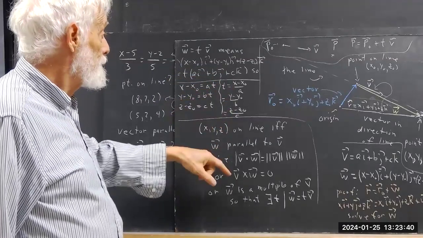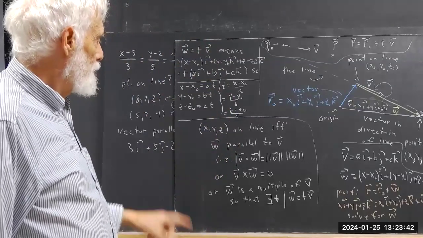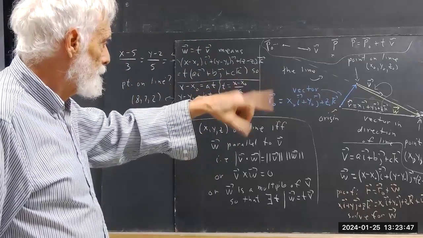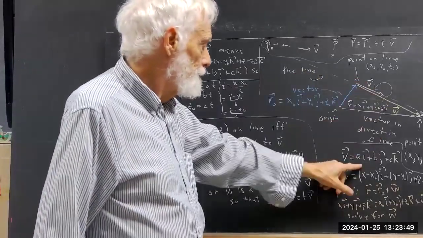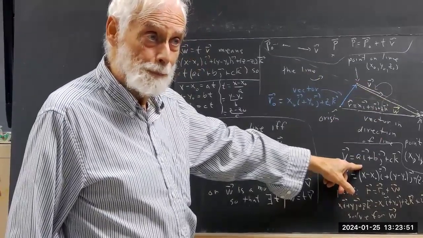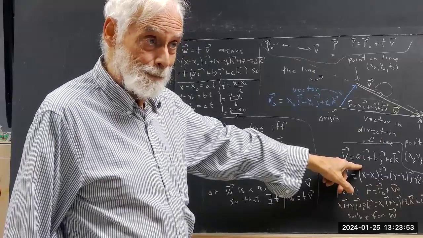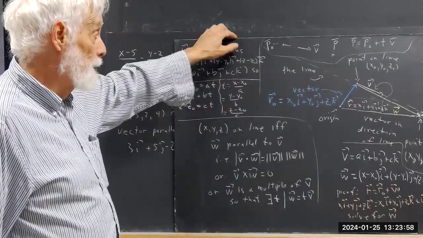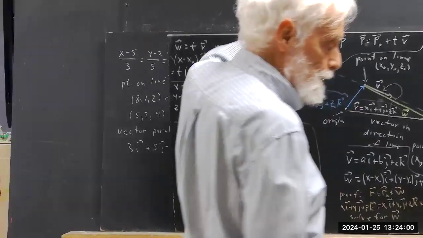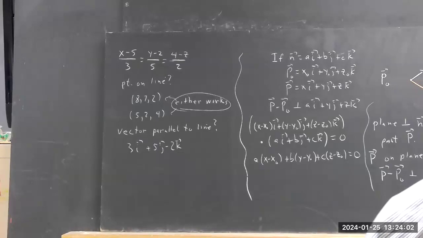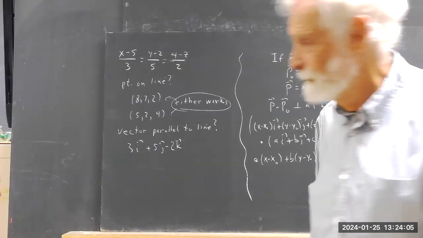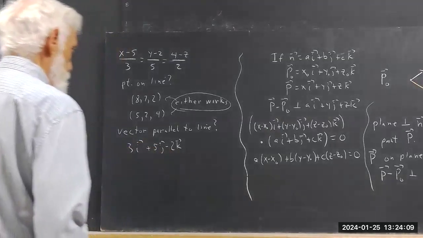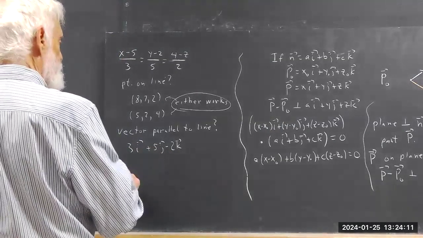A, b, and c were the components of your vector v. So before I wrote it, x naught, y naught, z naught were these numbers. So 3i plus 5j minus 2k. Okay.